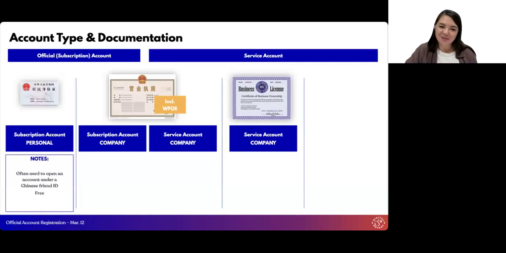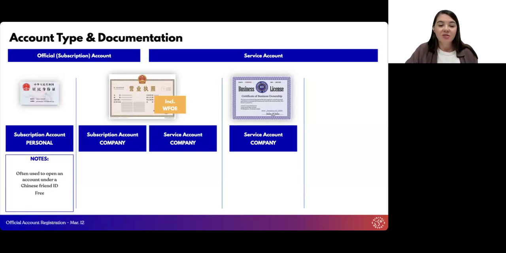So this one is often used to open an account under a Chinese friend's ID. This is something that happens quite a lot, especially when someone is just starting their adventure as an entrepreneur. They are not sure. Maybe opening a company seems not necessary at this point, or maybe you just want to try starting blogging, different scenarios.